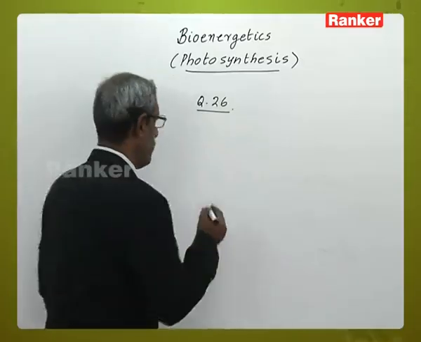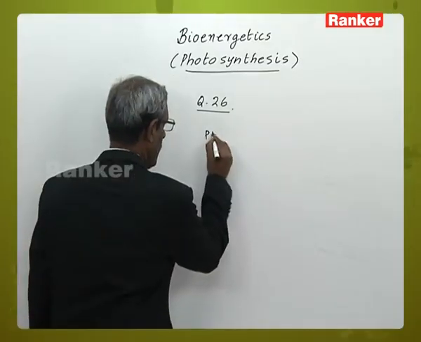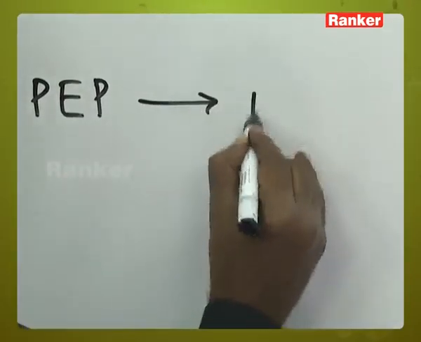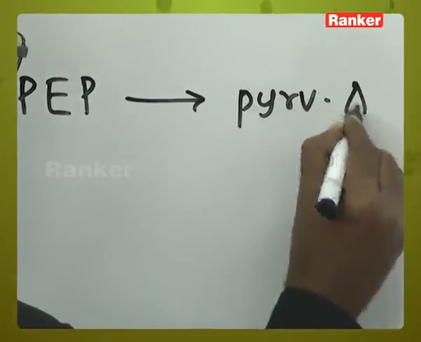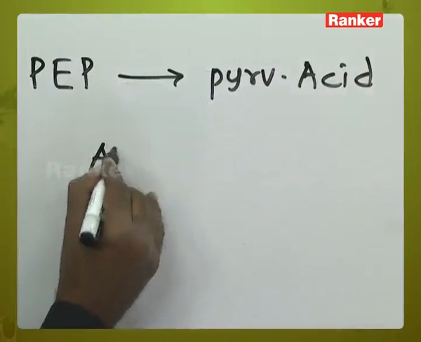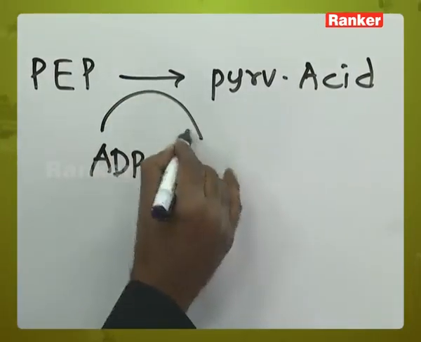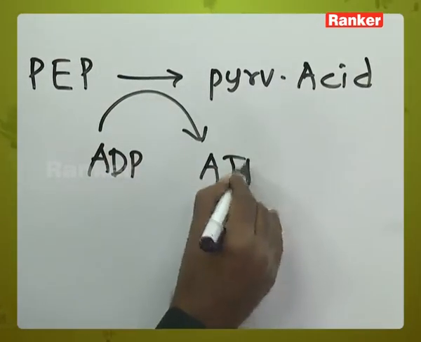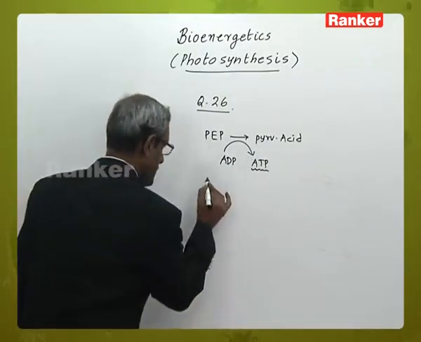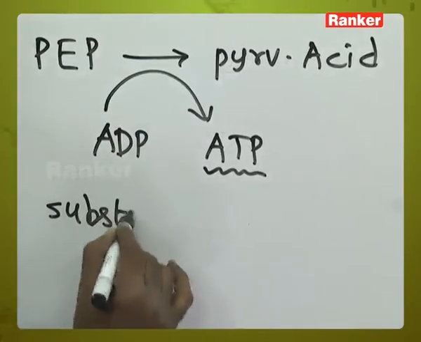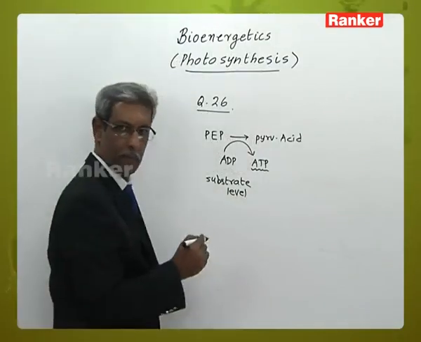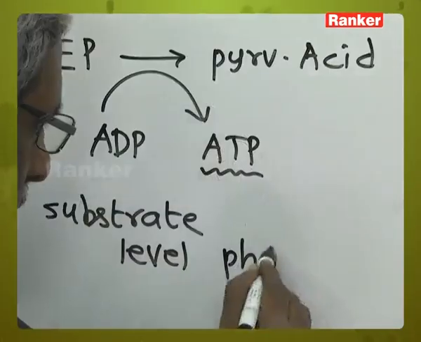Whenever we have phosphoenol pyruvic acid and it is converted to simple pyruvic acid, as well as when ADP is linked to this and it forms ATP, this sort of a reaction is termed as substrate level phosphorylation.